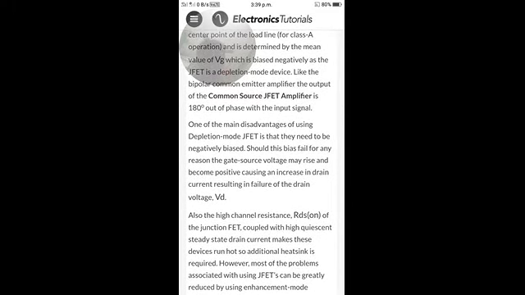The main disadvantage of using depletion mode JFET is that it must be biased negatively.